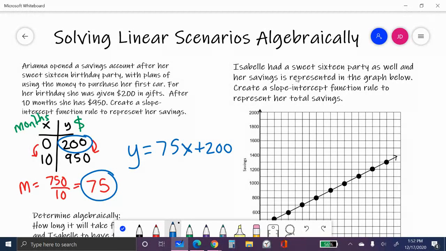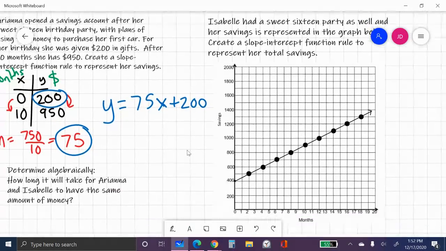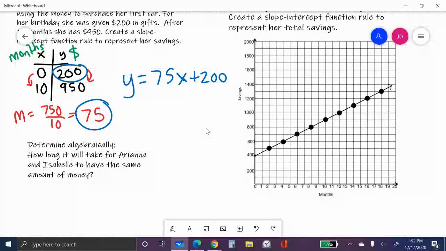All right. Here's another scenario. Isabel had a sweet 16 party as well, and her savings is represented in the graph below. Create a slope-intercept function rule to represent her total savings. So I'm going to just take a look down here.